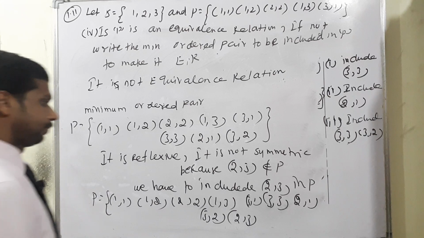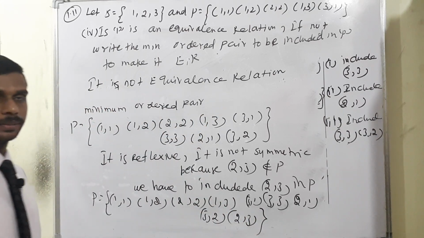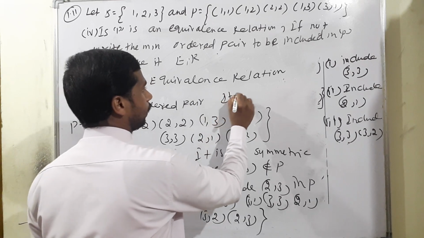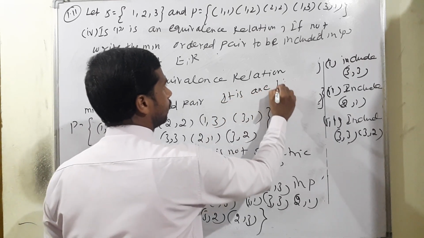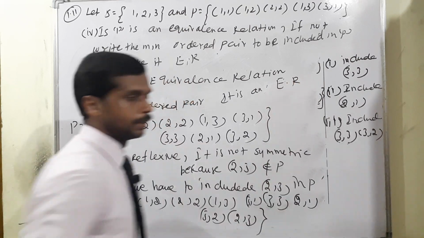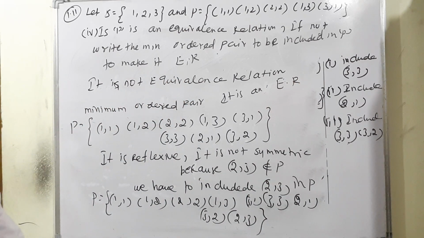So now we can say it is an equivalence relation. Therefore, the final answer: it is an equivalence relation. ER means equivalence relation. Okay, so I will continue to the next question.